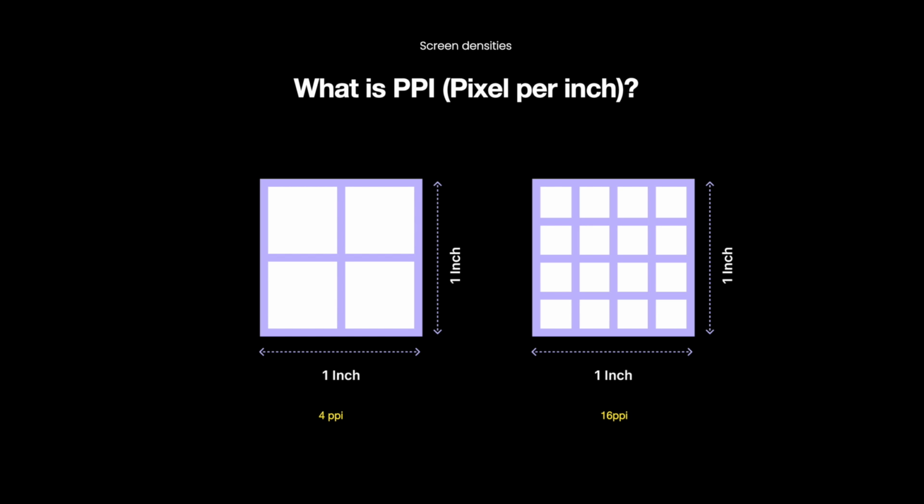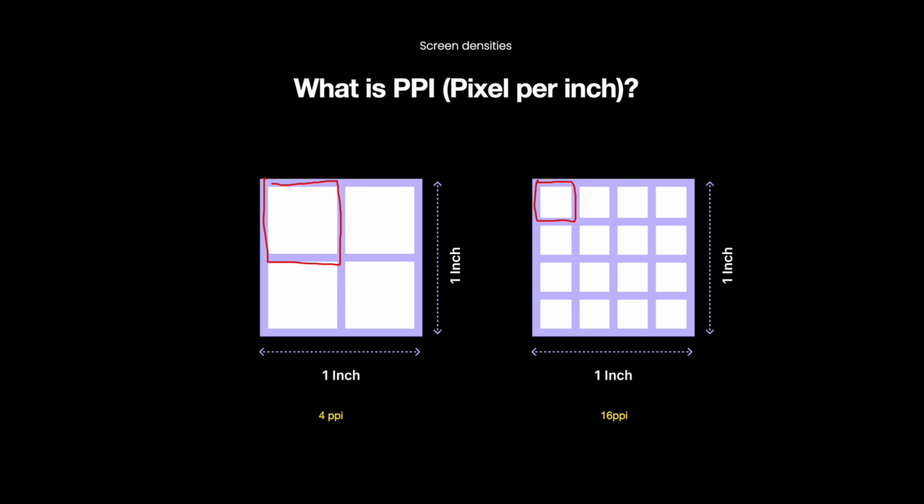Now 4 PPI means that we have 4 pixels in 1 inch square area of the screen, whereas on the right we have 16 pixels on 1 inch square area of the screen. Now it's immediately apparent that higher PPI means lower the pixel size. So if you see here on the left, 1 pixel is this big, okay? And on the right, 1 pixel is this big.